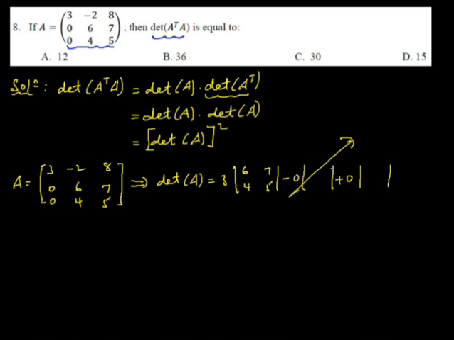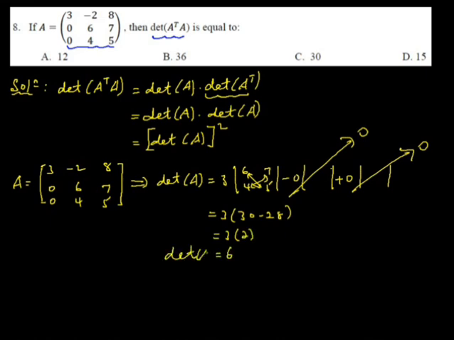We don't need this part, because 0 times anything is 0. So the value will be 3 times 6 times 5 is 30, minus 4 times 7 is 28. So this becomes 3 times 2, the result is 6. Determinant of A is 6.